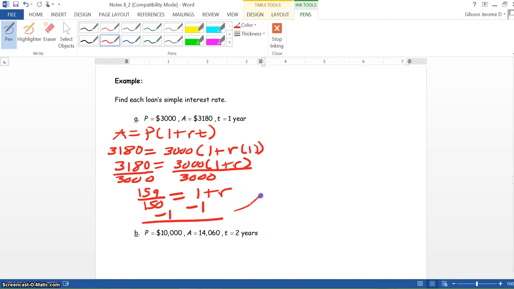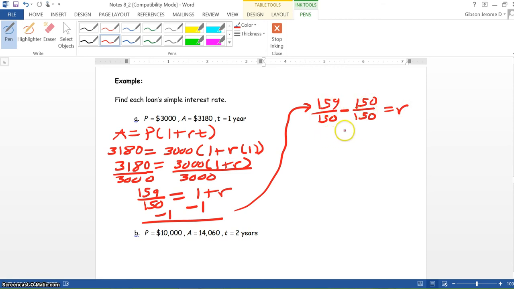Now we're going to have to go up here because of the lack of space. So we have 159 over 150 minus 1. Now we're going to make this 1 into a fraction. We will make it 150 over 150, so we can easily subtract with the same denominator, and it equals R.